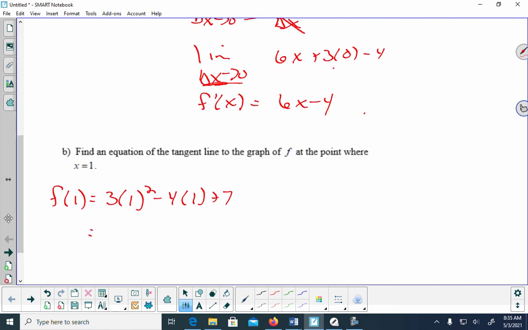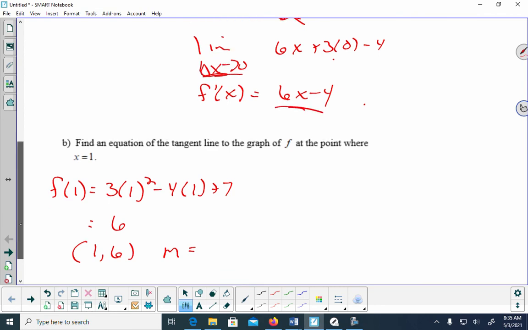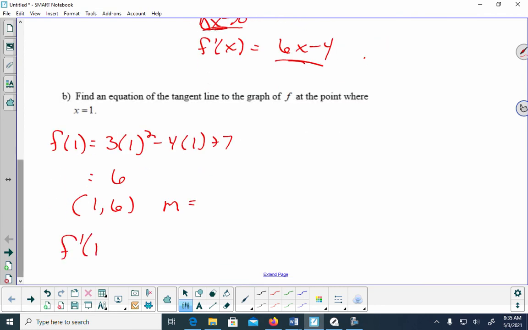And when I do that, I'm going to have 3, 10, and that'll be 6, I believe. So my ordered pair is going to be 1, 6, and I just found that my slope is this equation. So now I'm going to find the derivative at 1. So 6 times 1 minus 4, and so my slope is going to be 2.